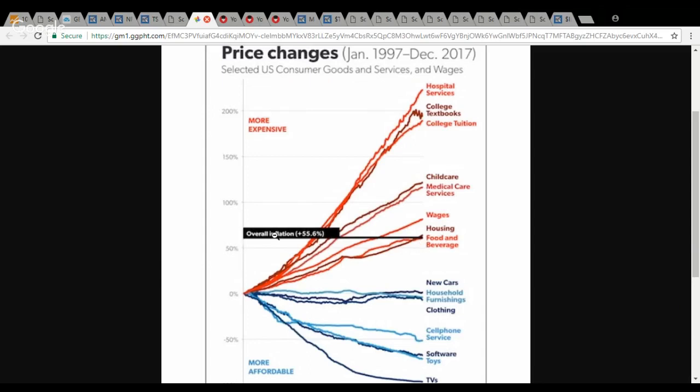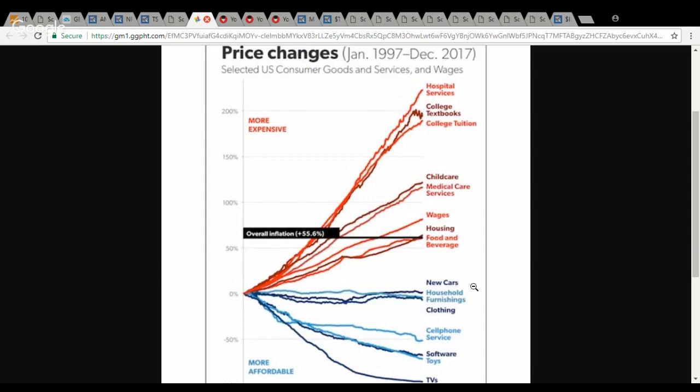But the average or the mean or the median of anything is in a lot of ways just a ridiculous number, as this chart clearly shows, because housing, wages, childcare, medical care services, college tuition, college textbooks, and hospital services all were up between 100 and 200%, while the average was 55.